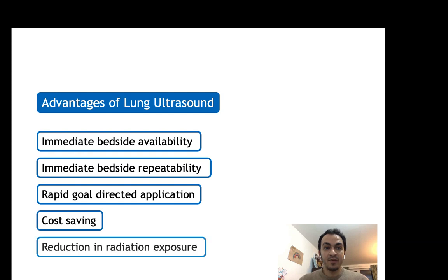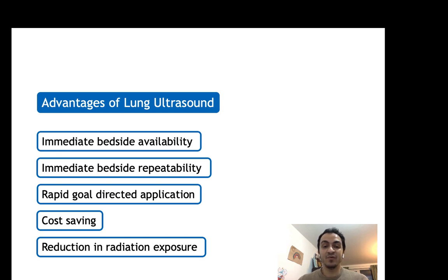So the advantages of lung ultrasound are quite plenty, especially that it's immediately available at the bedside, repeatable and reproducible, and it provides a rapid goal-directed application at the point of care, especially in emergency situations. It reduces cost by reducing the need for chest x-rays, and it also provides a way to reduce radiation exposure.